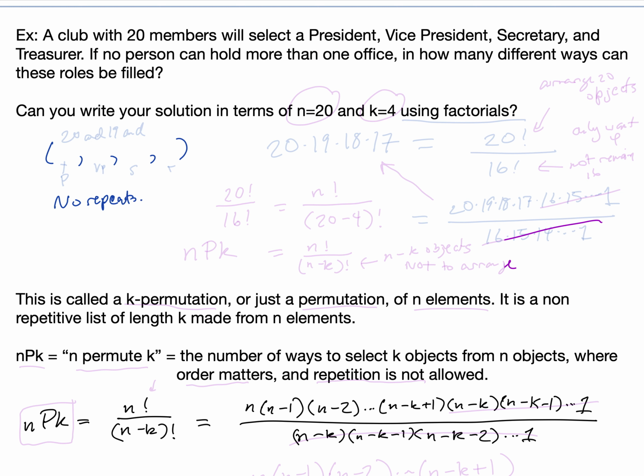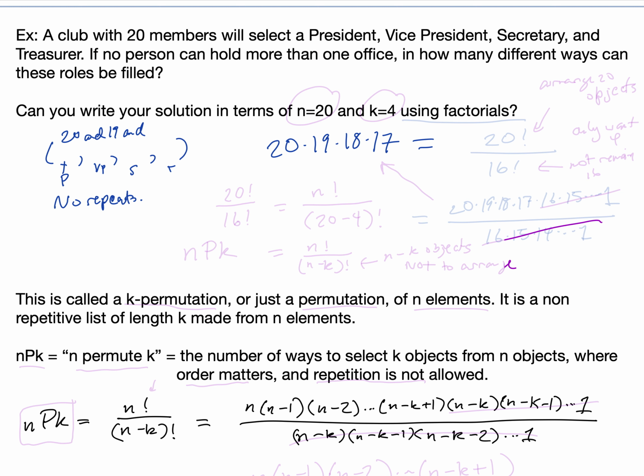And so we've got our president, our VP, etc. And there are 20 possibilities for the first choice, and 19 for the next, and etc. So that tells us that we're going to use the multiplication rule because it's "and" between these. So that's 20 times 19 times 18 times 17. And we could, of course, simplify that if we wish.